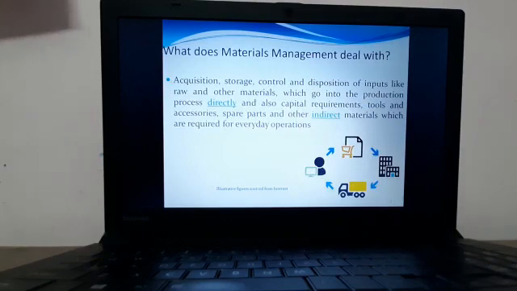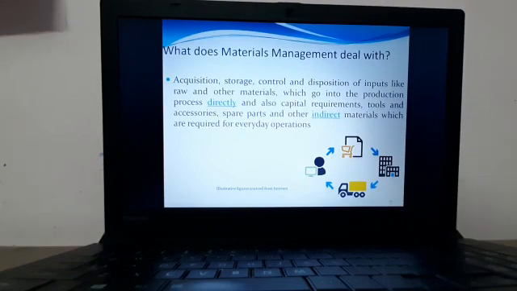What does material management deal with? We are dealing with the acquisition, that means buying or getting it, storage, that means keeping for reserve, control and disposition of inputs like the raw materials and other materials which go into the production process.